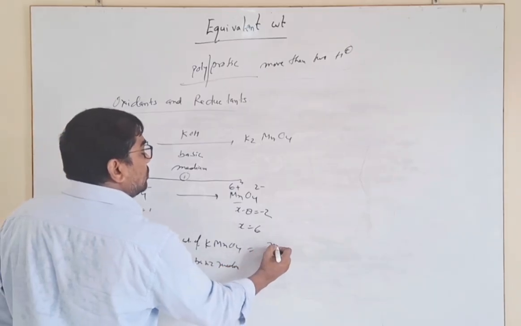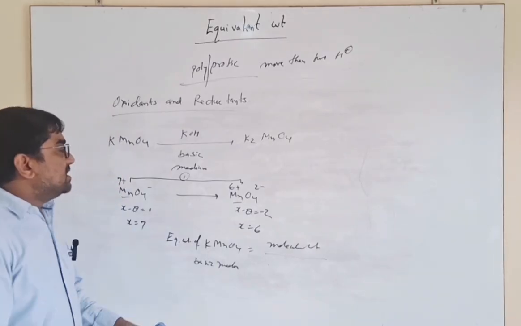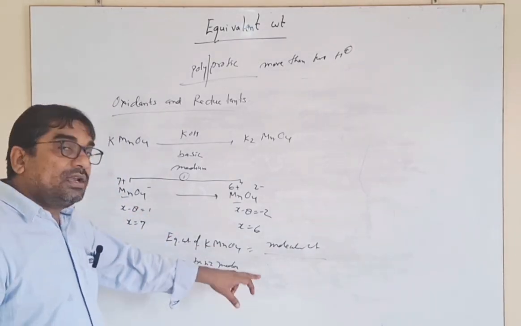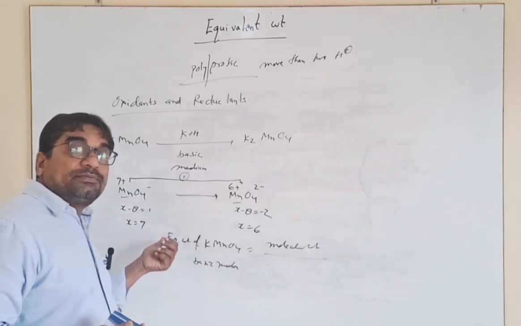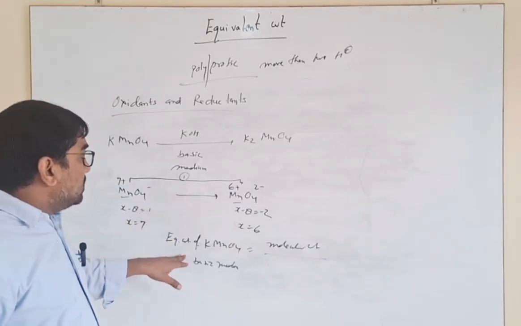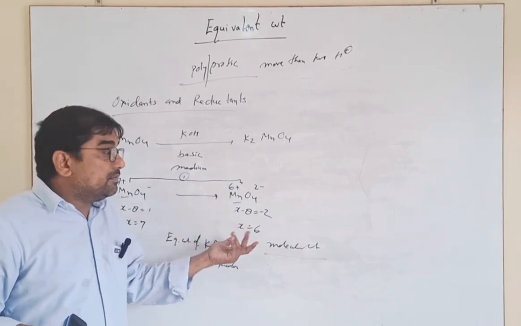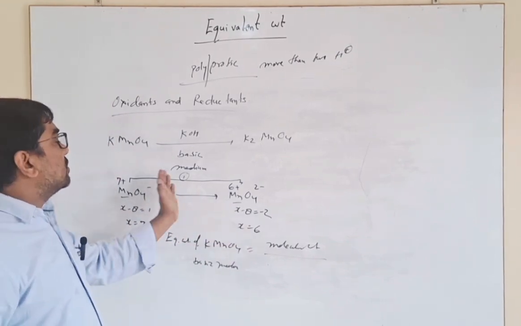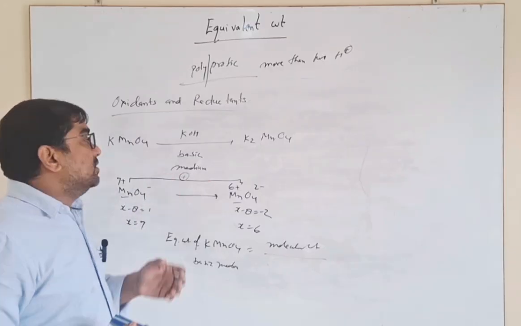It will be equal to molecular weight. Why? Because the change in oxidation number is 1, so it will not affect the equivalent weight of potassium permanganate. That's why in basic medium, the equivalent weight of potassium permanganate will be the same as its molecular weight, due to the change in oxidation state of manganese of just 1 unit.